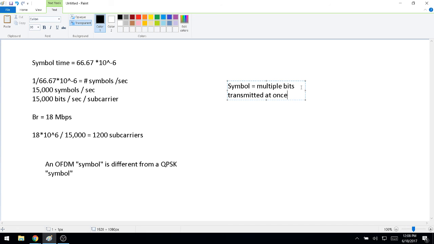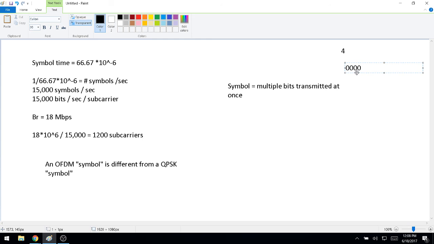That's when we're looking at QPSK, for example, and we have a symbol that indicates that we're sending multiple bits at once. Because remember, QPSK indicates 4 levels, and if we have 4 levels, that means we have 1, 2, 3, 4 basically indications. And so we're sending 4 bits at once with a QPSK system.